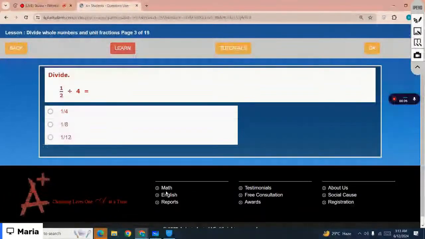Okay, the next one is 1 by 2 divided by 4. The correct option is 1 over 8. Option number 2 is the correct option.